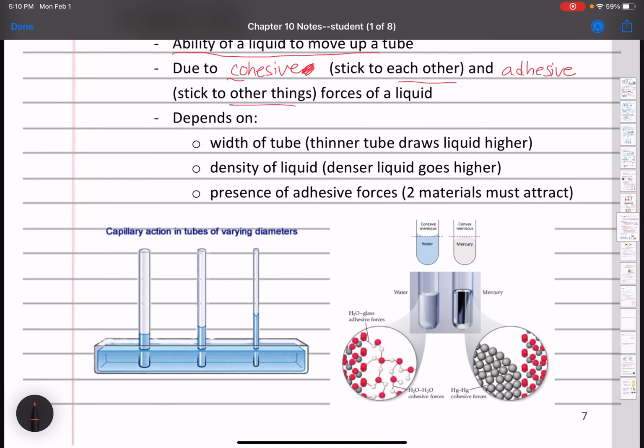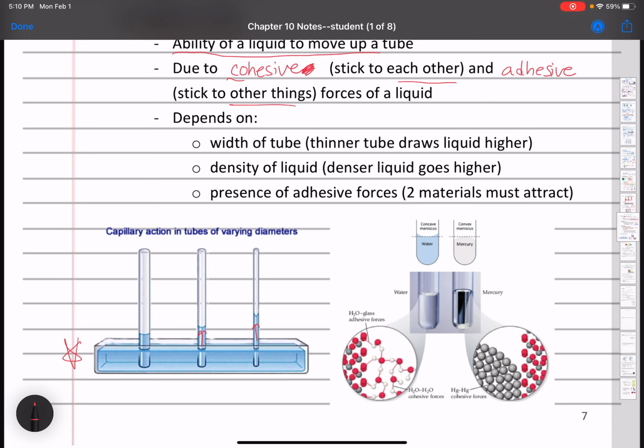In the case of water, water molecules are attracted to each other, but they're also attracted to glass to some extent. So if you put a glass tube in water, the water will move up the glass tube. The thinner the tube, the higher the water goes.